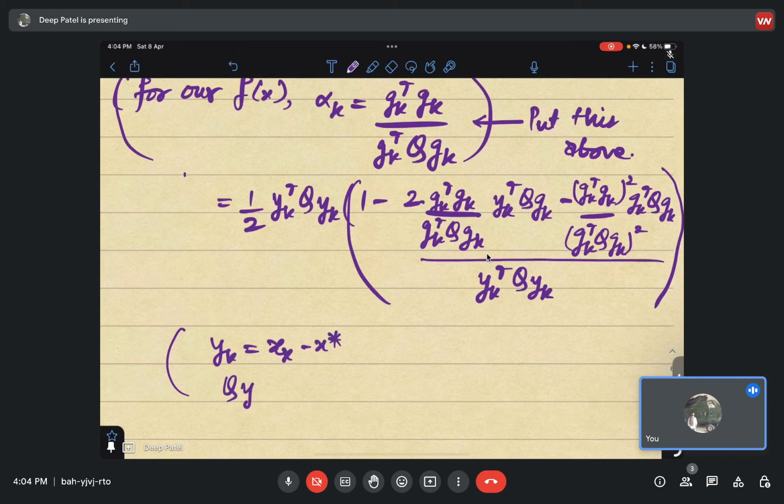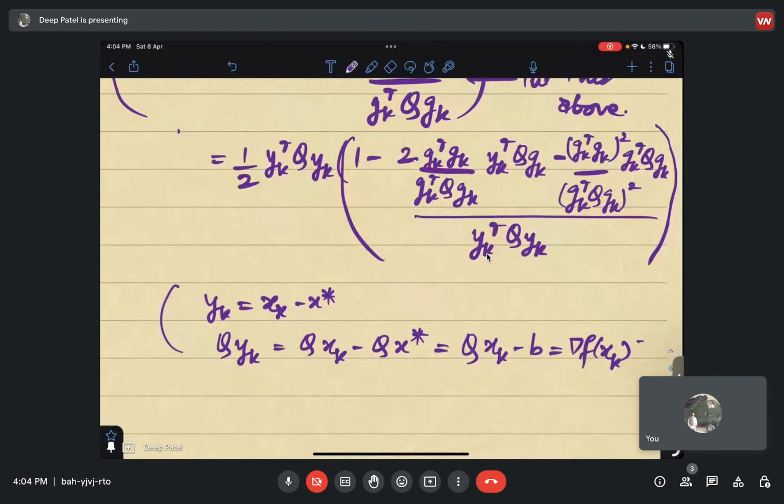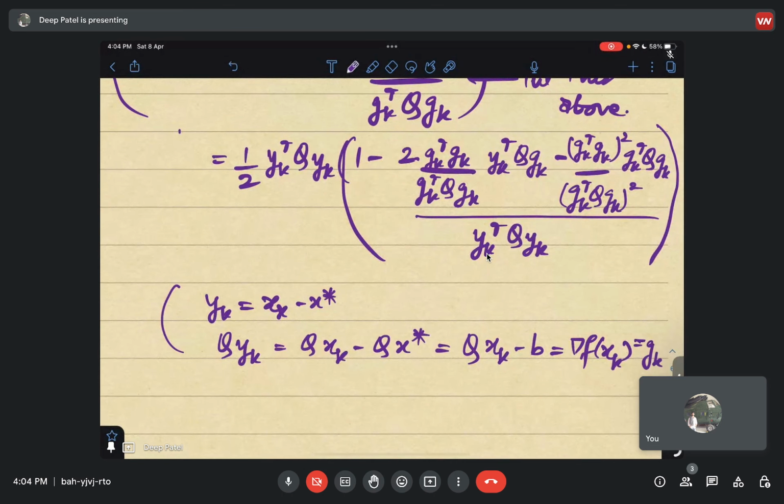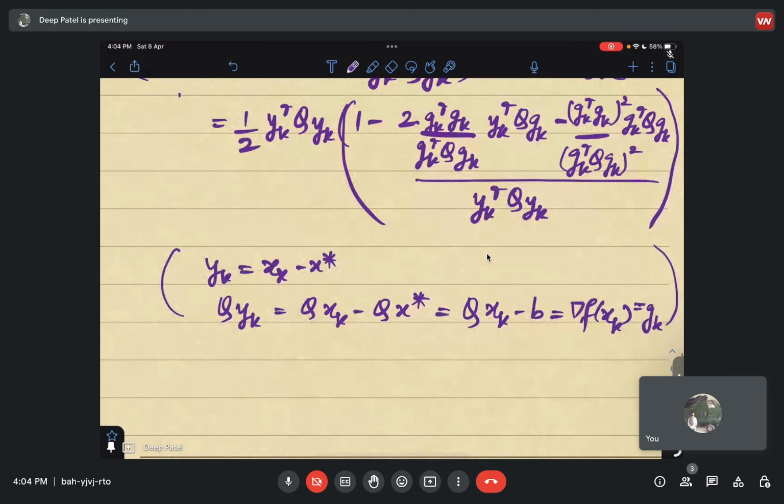So q yk will be what? q xk minus q x star. And what is q x star? b. So q yk is nothing but our gradient, which I'll denote by gk. But this is falling out from the special case of this being a quadratic function. Otherwise I cannot write any of this.